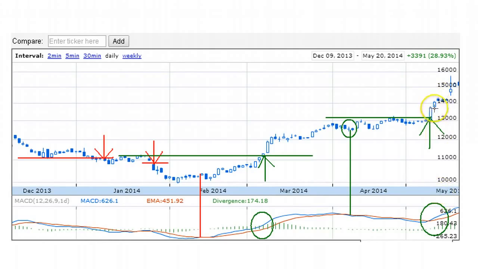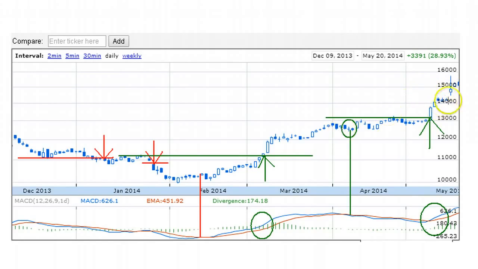So even if you're entering at the end of this candle, wherein Bank Nifty is close to 14,000, there's still an upside of 1,000 more points to be made in a real quick time, in nothing but a few weeks.